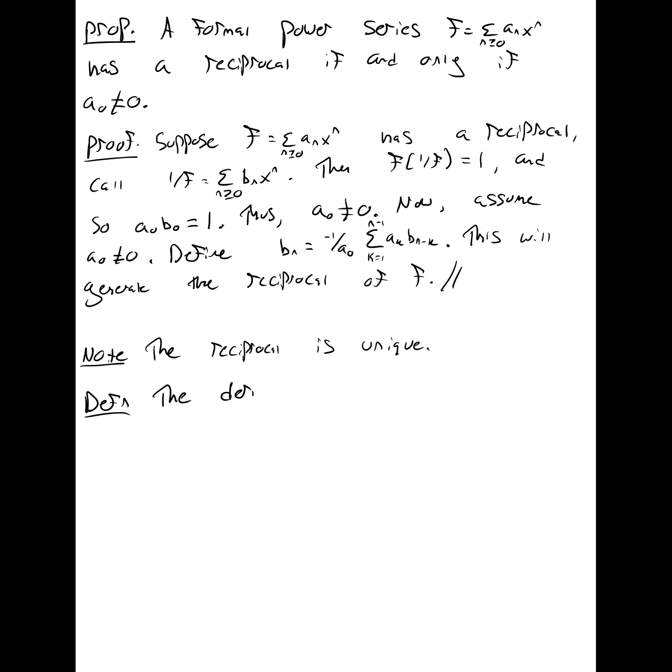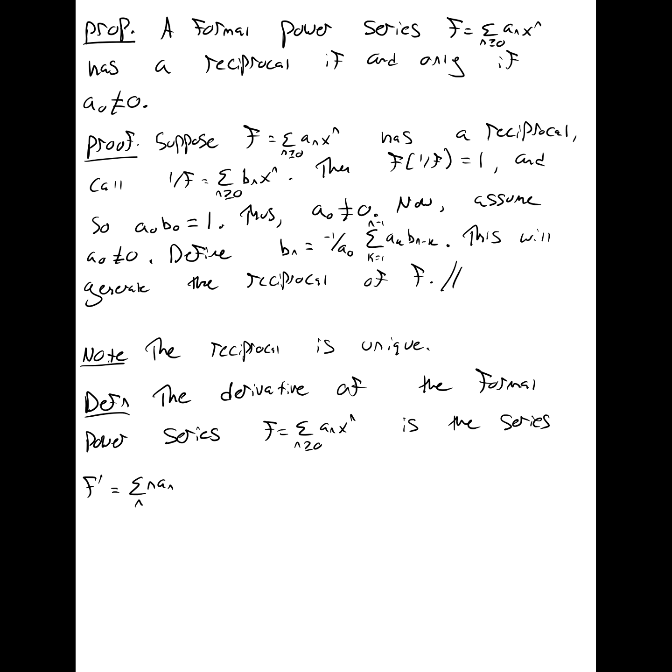Say the derivative of the formal power series f equal to the sum over n of a_n x^n is the series f prime, which is equal to, well, really the same as if we were to just differentiate term by term.